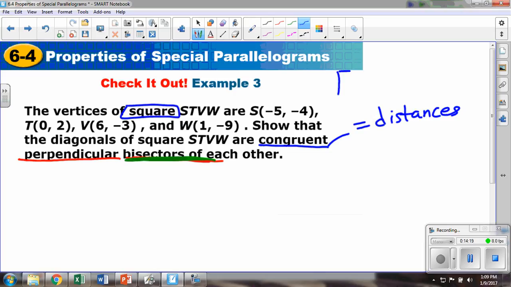Keep in mind that if we had S, T, V, W, and I know that this isn't drawn in the coordinate plane, but we would have the diagonal SV, and we would have the diagonal TW. Recognizing those ones, I'm looking at this and saying, I need to get the distance from S to V for this diagonal. Remember the distance formula.